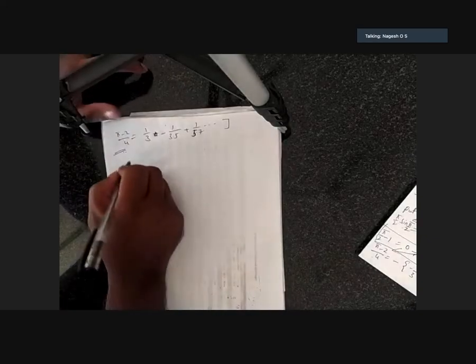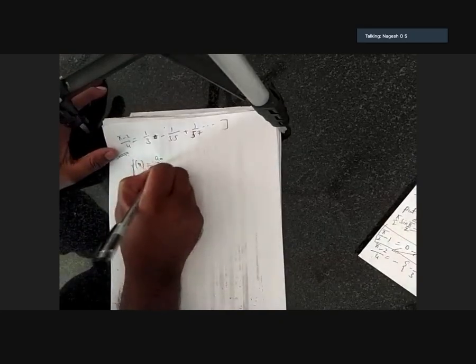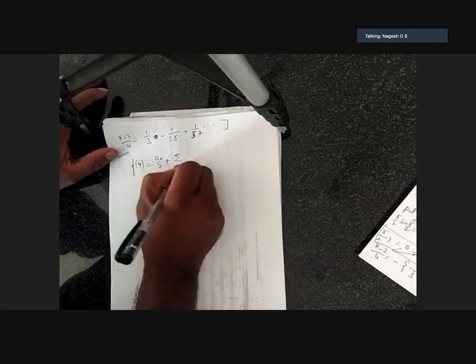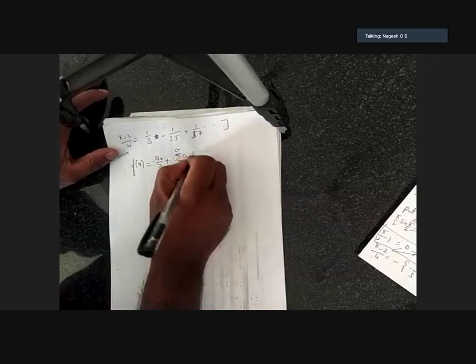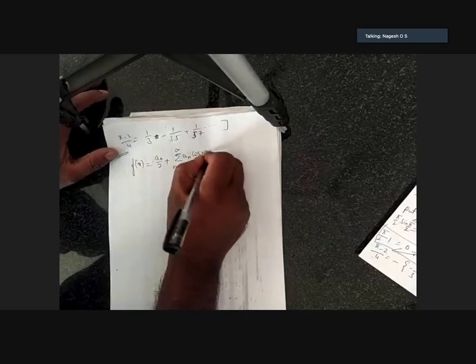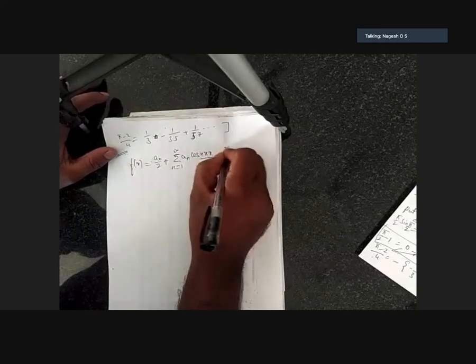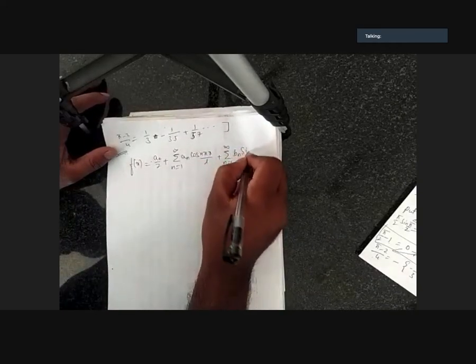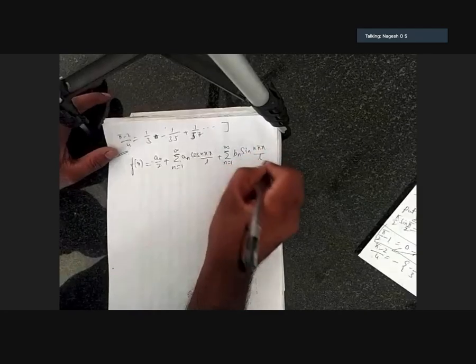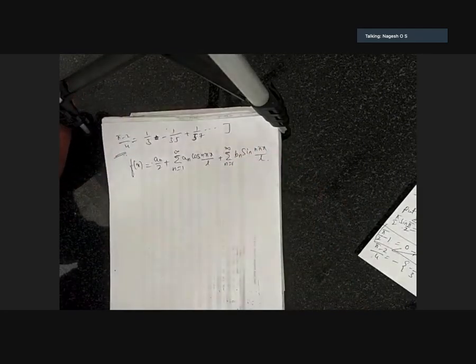Okay, so f of x equal to a naught by 2 plus summation n equal to 1 to infinity an cos n pi x by L plus summation n equal to 1 to infinity bn sin n pi x by L. This is Fourier series.